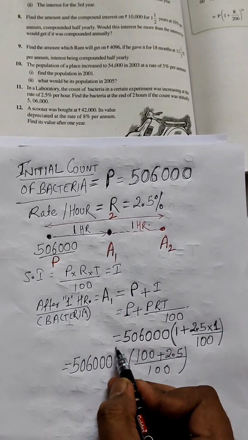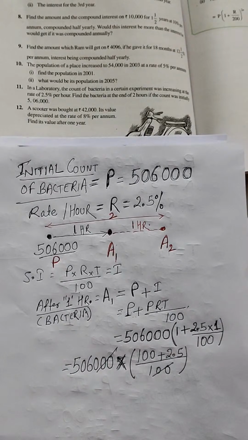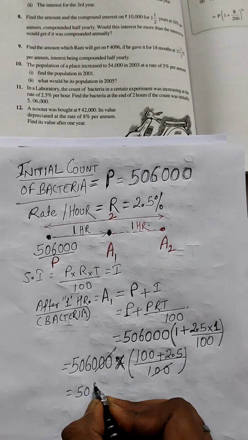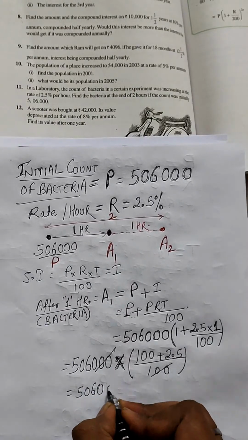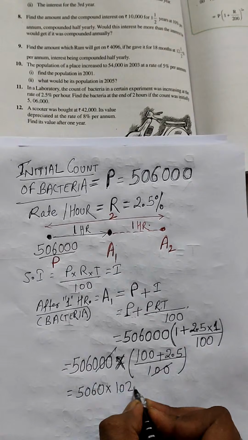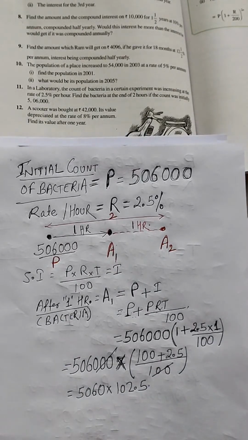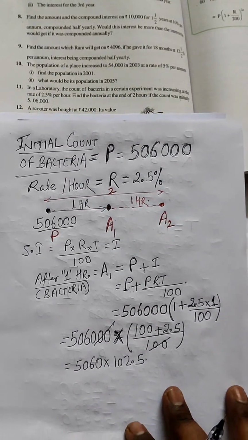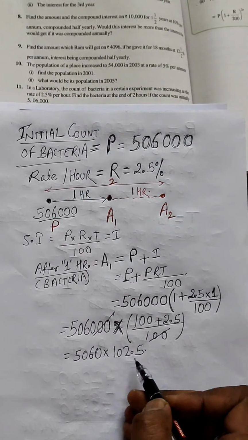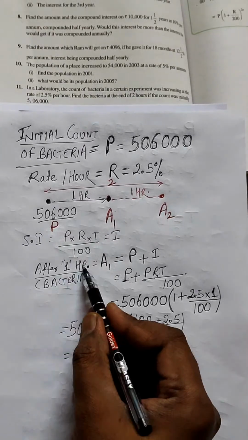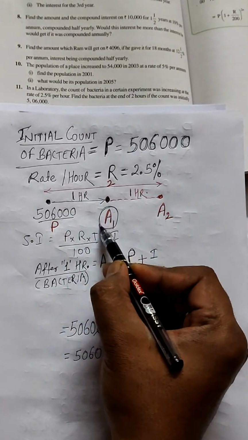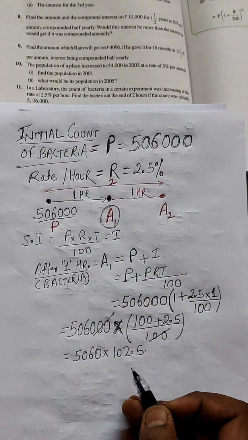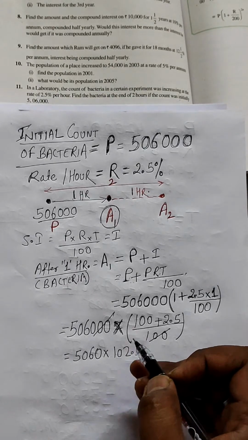So 20 will be cancelled out, and this will be equal to 5060 into 102.5. This will be the count of bacteria after 1 hour, because this is the A1 value.